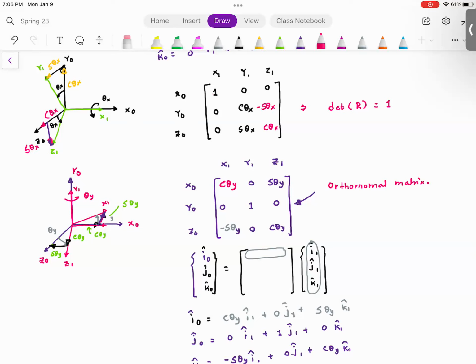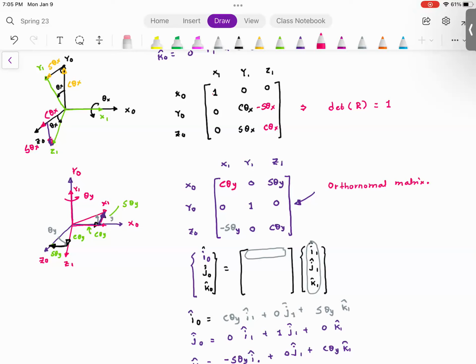Which means the projection of the x axis onto the y axis is 0. There is no projection, right? You have the x axis and you have the y axis. Unless your vector is somewhere in between, there is no projection. So x does not have any projection on y. Y does not have any projection on x. Same thing with z. Z does not have any projection on x.